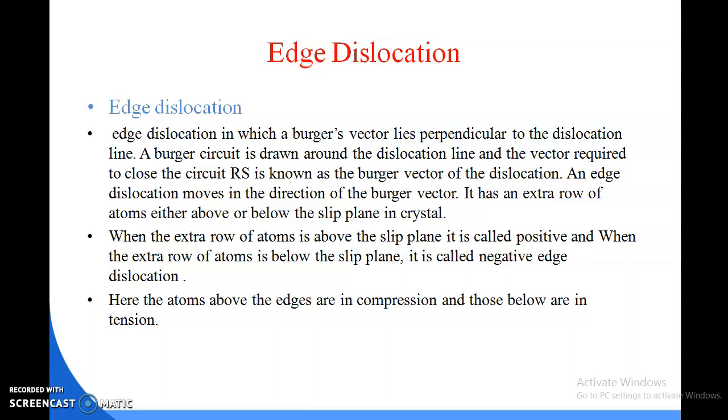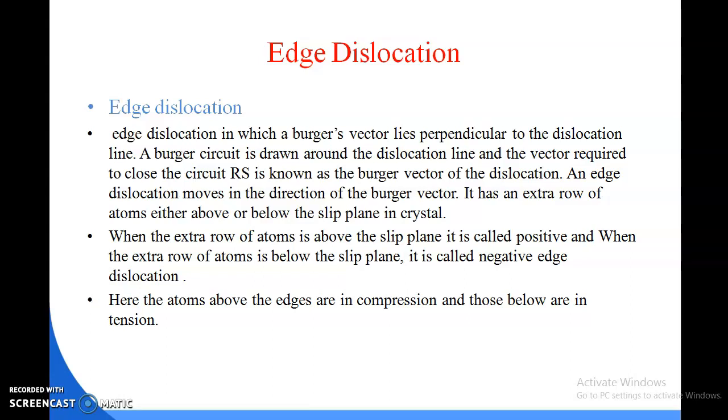It has an extra row of atoms either above or below the slip plane in the crystal. When the extra row of atoms is above the slip plane, it is called positive, and when the extra row of atoms is below the slip plane, it is called a negative edge dislocation. The atoms above the edge are in compression and those below are in tension.